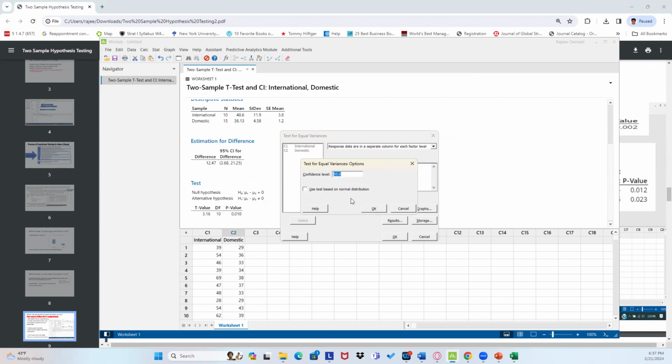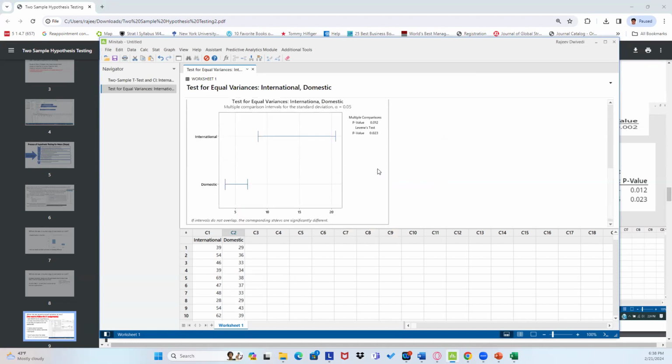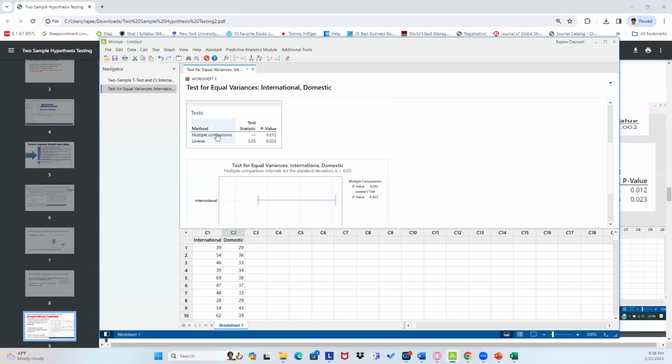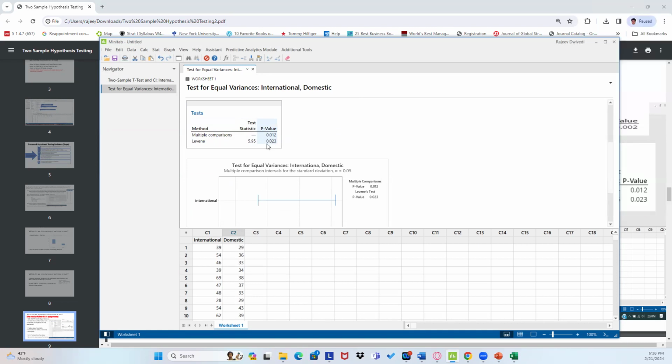So here we use the one not based on normal distribution, since we are not checking that. You can clearly see here the multiple comparison p-value is coming 0.12 and this is coming 0.023. So 0.023 means 2.3%, which is less than 5%.